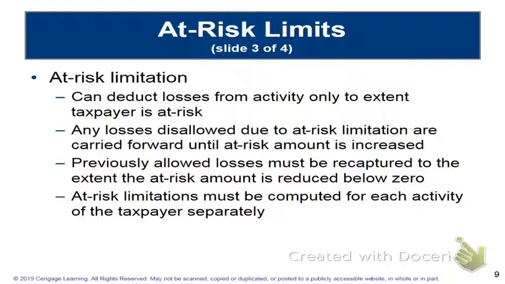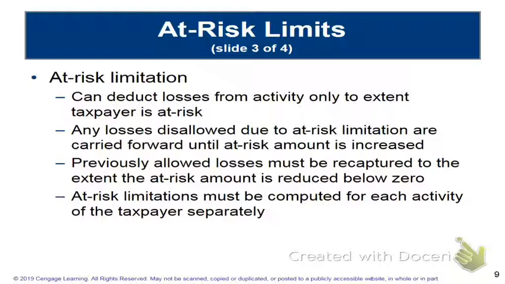Previously allowed losses must be recaptured, meaning if I deducted something, then I would possibly have to recapture them. It's kind of like we talked about on depreciation when you go to sell something. And at-risk limitations must be recomputed for each activity for each taxpayer separately. So husband and wife are each a taxpayer, each activity.